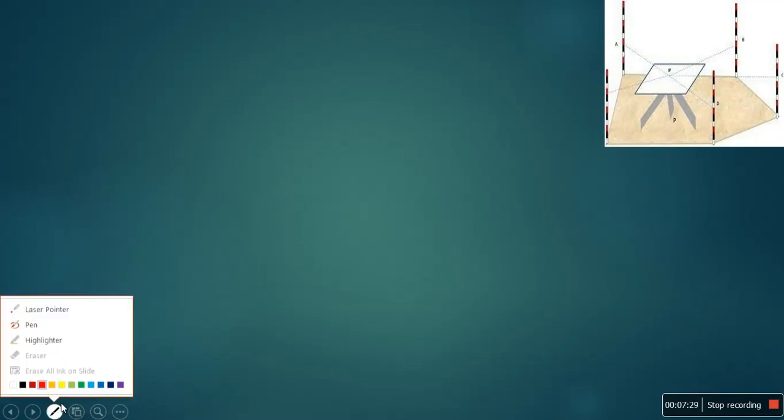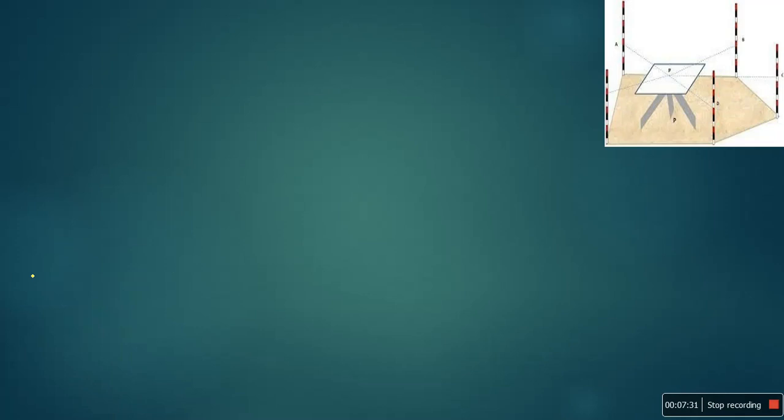So I am drawing the procedure. First, you have to select the surrounding points like this. Here I am selecting 5 points, and I am naming the stations with capital letters A, B, C, D, and this one is E. Now you have to select a point in the center of the surrounding points.